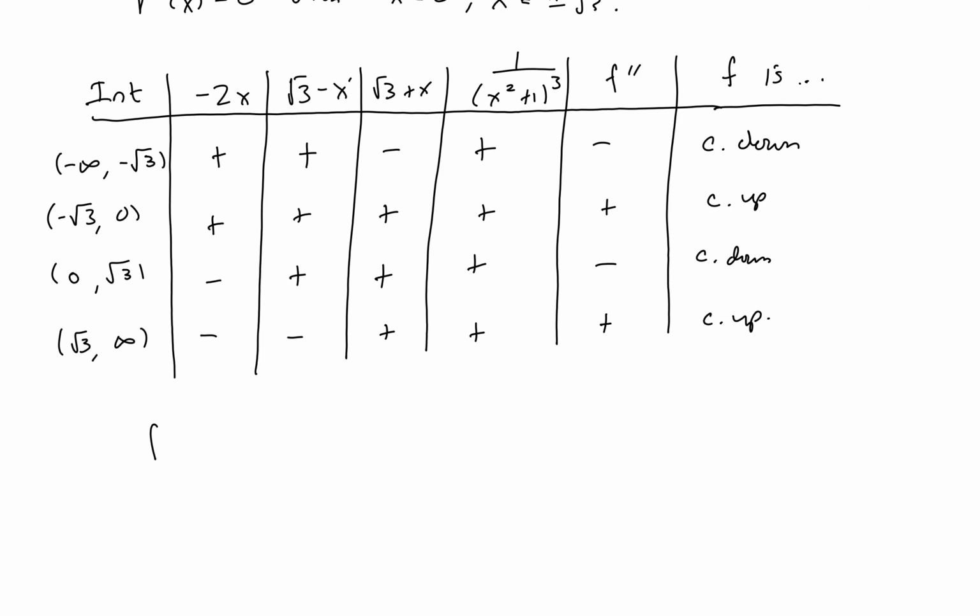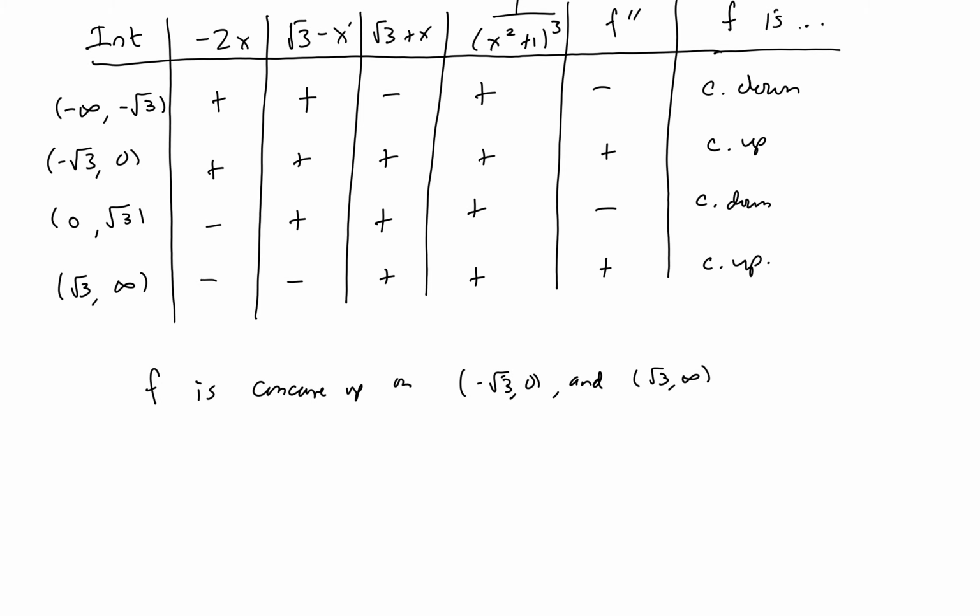So from this, we see f is concave up on the intervals from minus root 3 to 0 and from root 3 to infinity. f is concave down on the intervals from minus infinity to minus root 3 and from 0 to root 3.